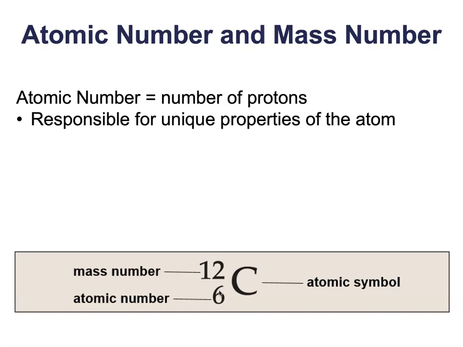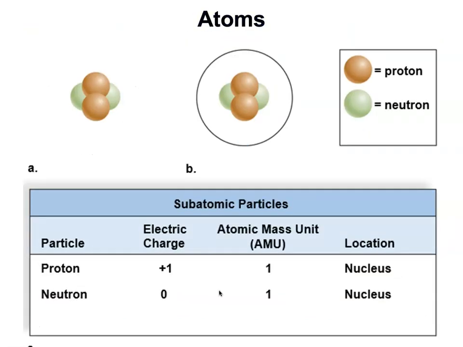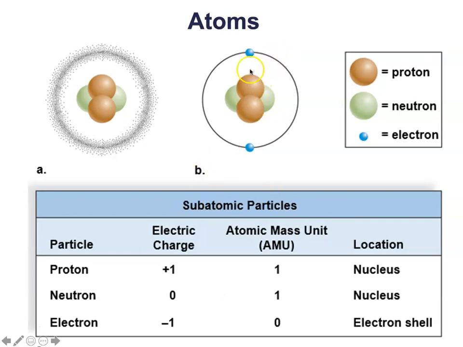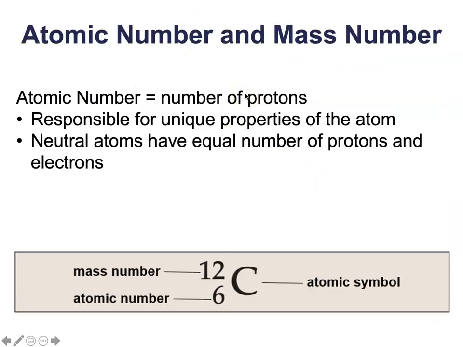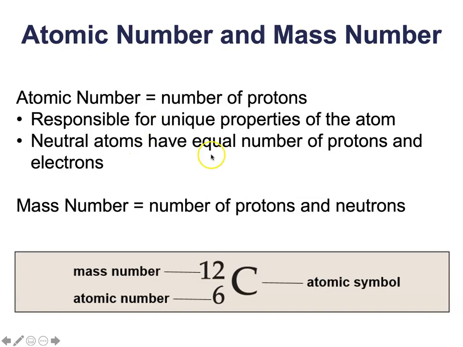If this is going to be electrically neutral, meaning that the overall charge is 0, we must have 6 negative charges to balance out the 6 positive charges. So if we have 6 protons in the center, we must have 6 electrons buzzing around on the outside to help balance that atom. So neutral atoms have an equal number of protons and electrons.